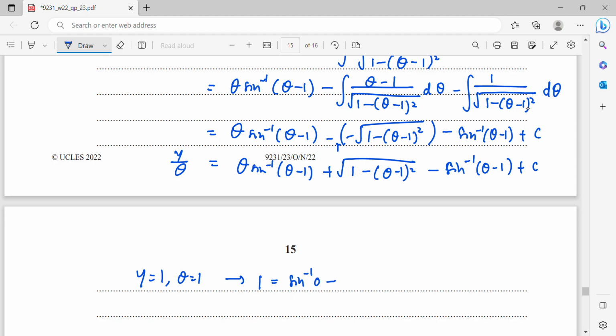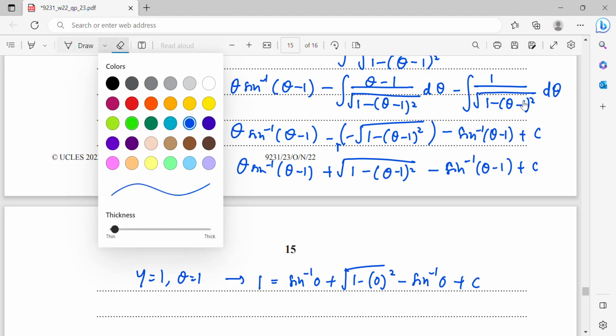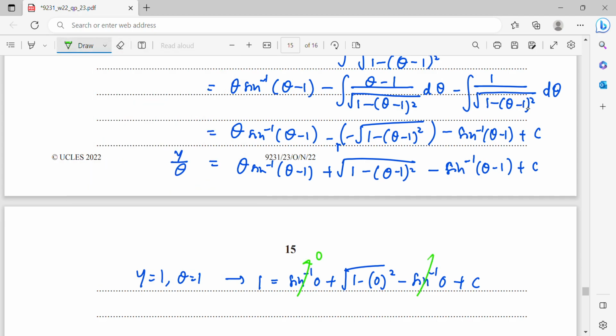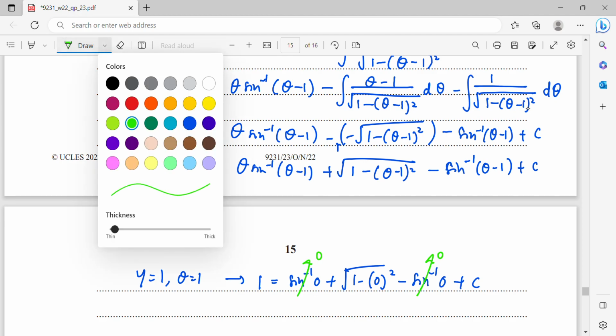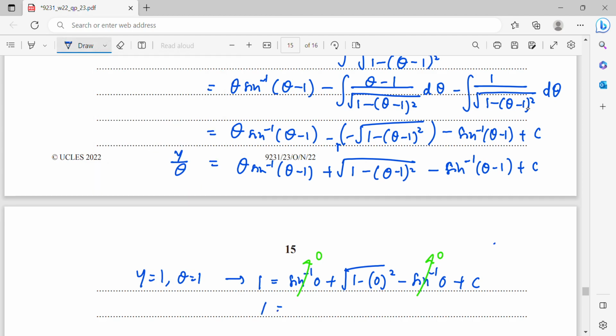Minus a minus is plus, square root of 1 minus 1 is 0. Then minus inverse sine of 0, plus c. Inverse sine 0 is 0. That means 1 equals 1 plus c, so our c is 0.